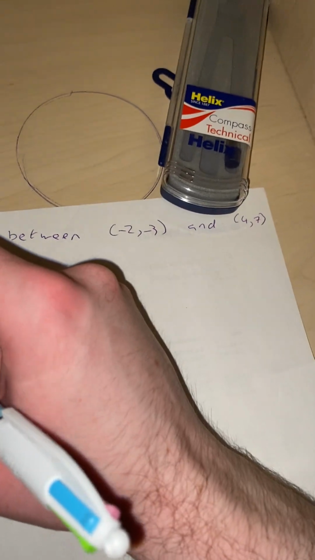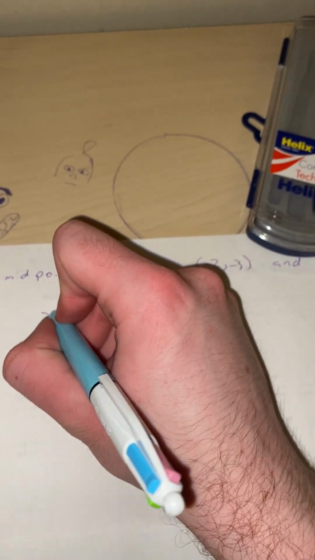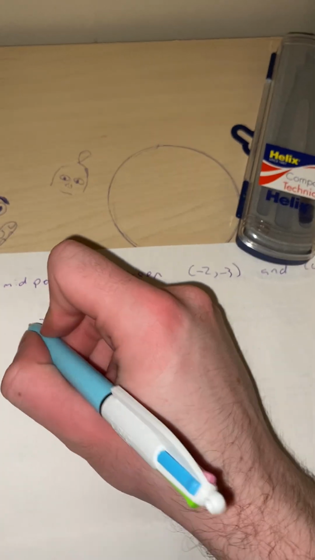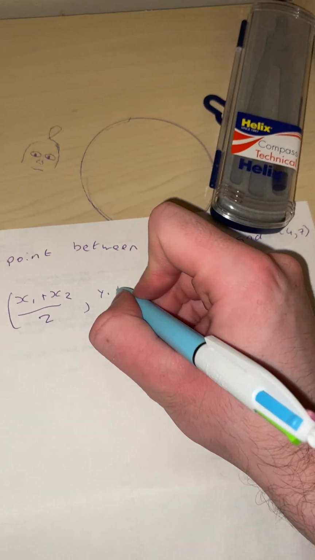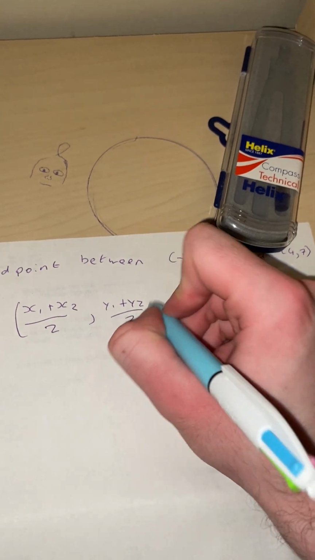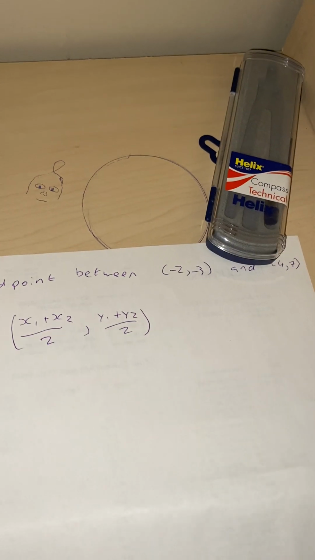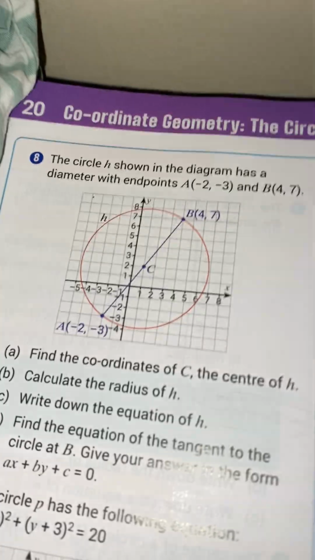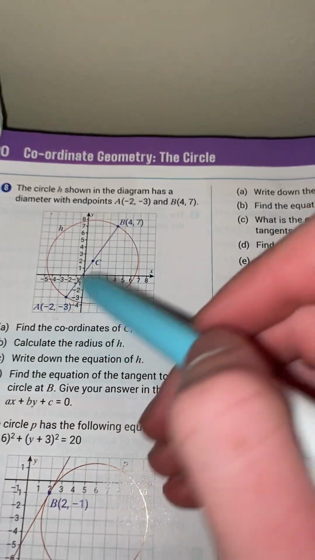So if you remember our midpoint formula, you don't need to remember it off, it's in the log tables, but it's x1 plus x2 over 2. It's going to be our x coordinate for our midpoint, and y1 plus y2 over 2 is going to be the y coordinate of the midpoint. So just to be clear, the reason we're finding a midpoint is because the center is going to be the midpoint of the diameter.